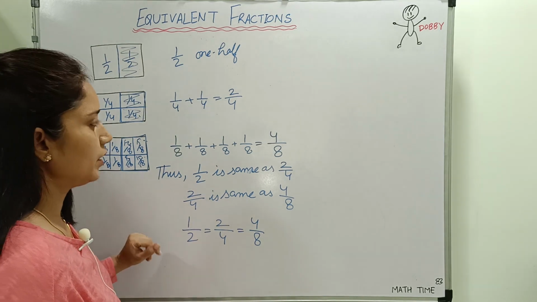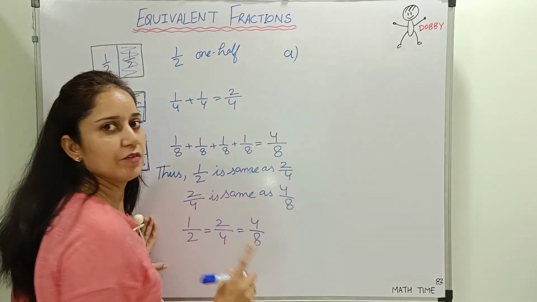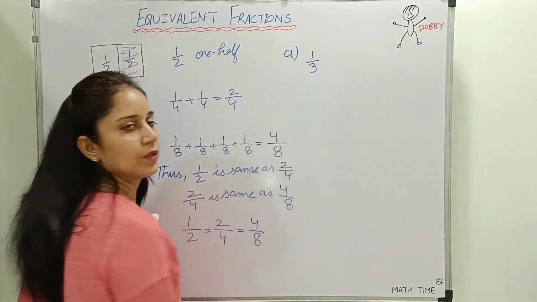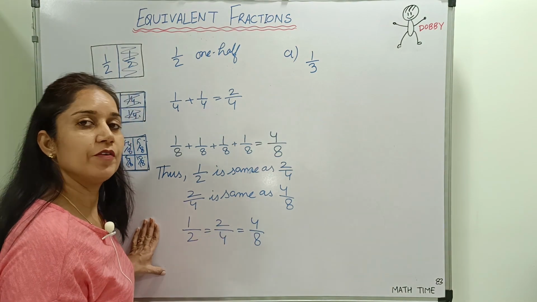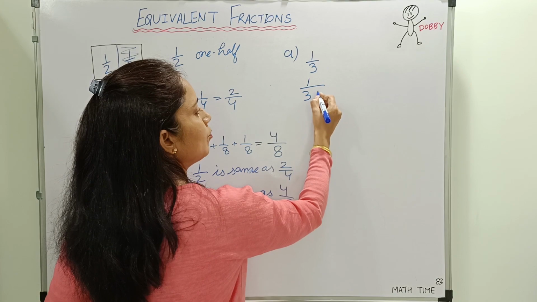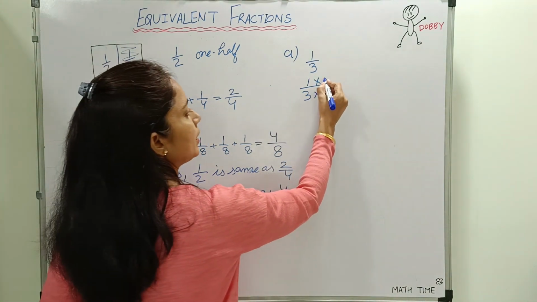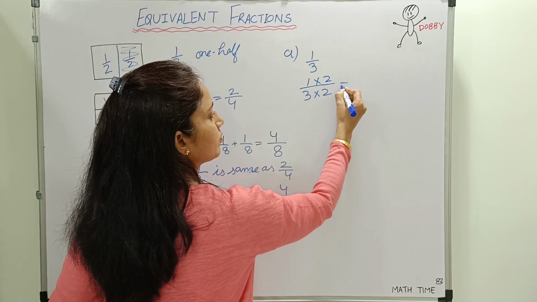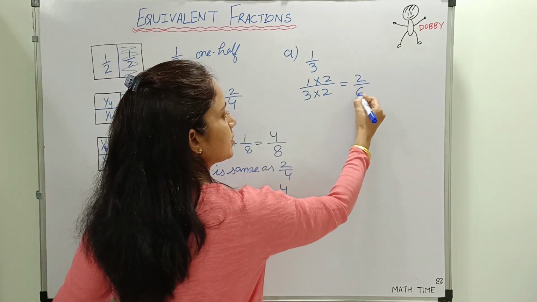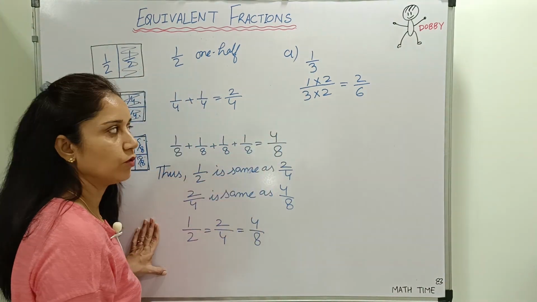Now, let us try to understand the same with the help of a question. Suppose you have the fraction 1/3. We have to find the equivalent fractions of 1/3. To find the second fraction, multiply by 2. 1 2s are 2, 2 3s are 6. 2/6 is the second equivalent fraction of 1/3.